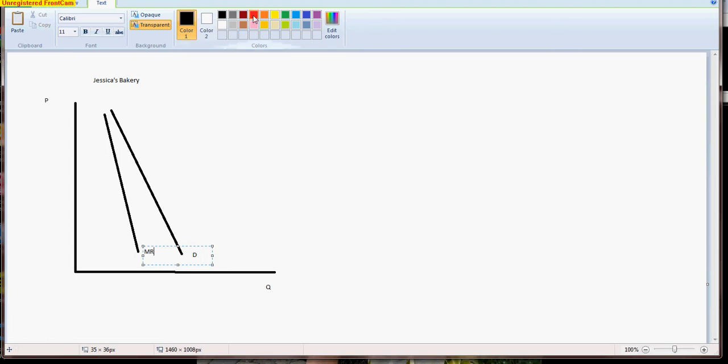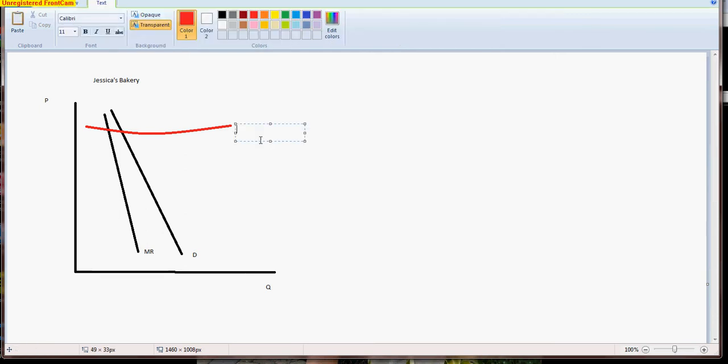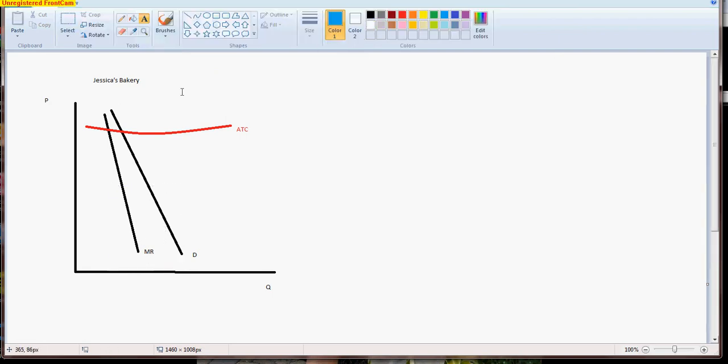and then we'll put in our average total cost curve. I'm going to use red for the average total cost. We also have to draw our marginal cost.